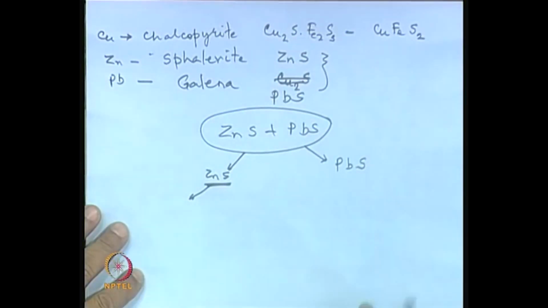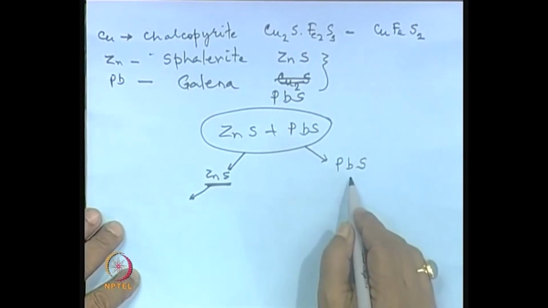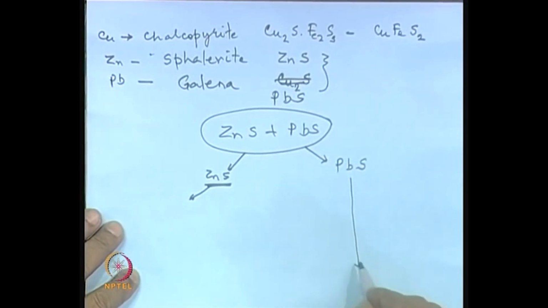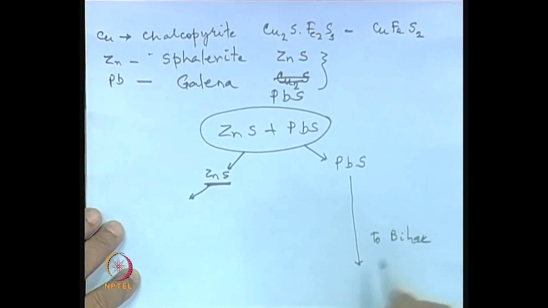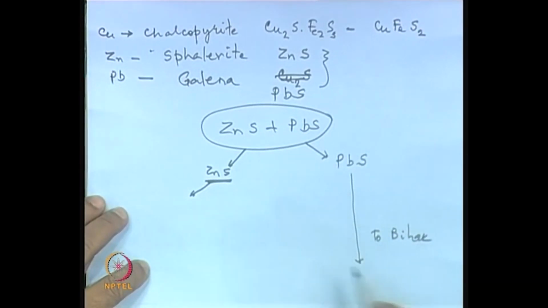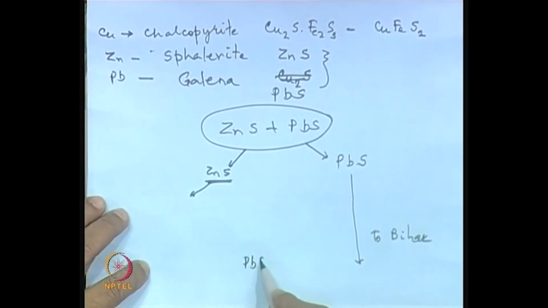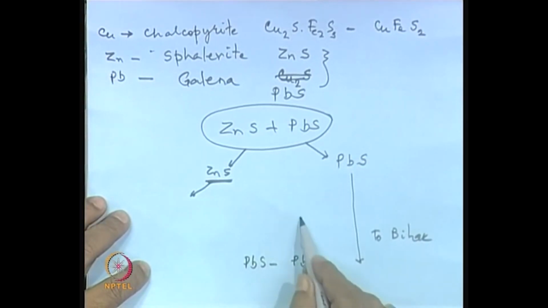This cannot be done for lead sulphide. What is done is that this lead sulphide comes all the way to Bihar, to a place called Tundu. This lead sulphide will be roasted to PbO, and this will be reduced by coke in a blast furnace to produce lead.